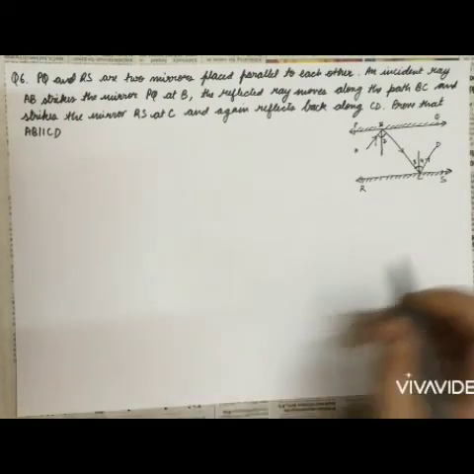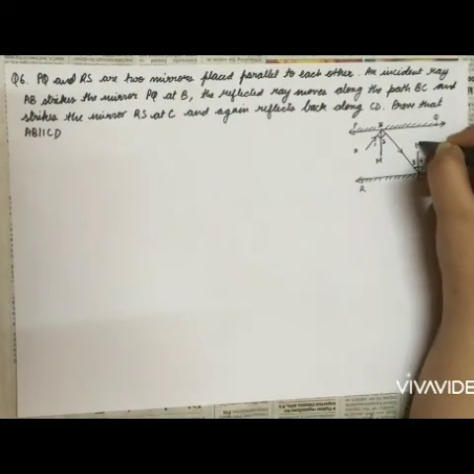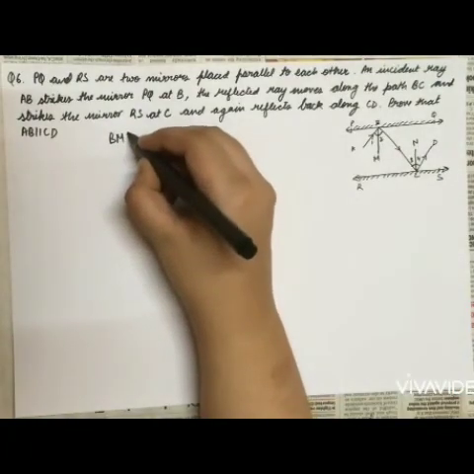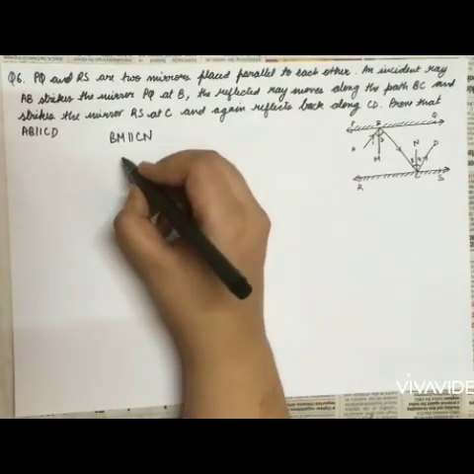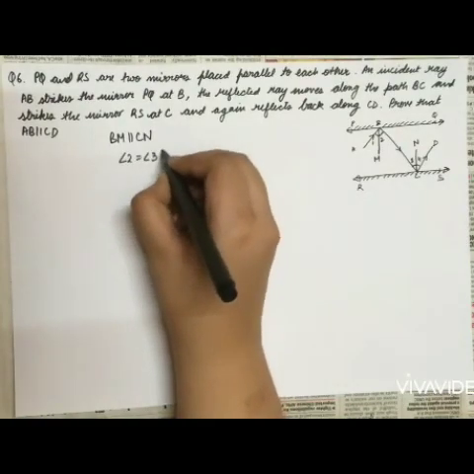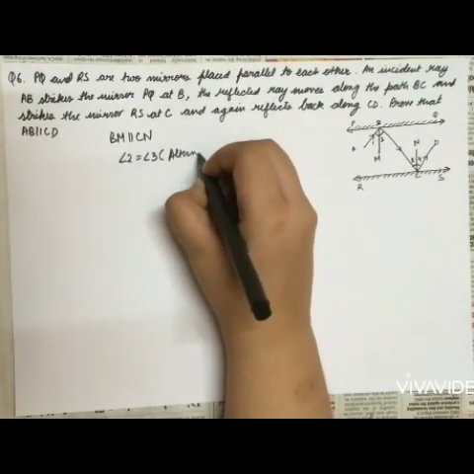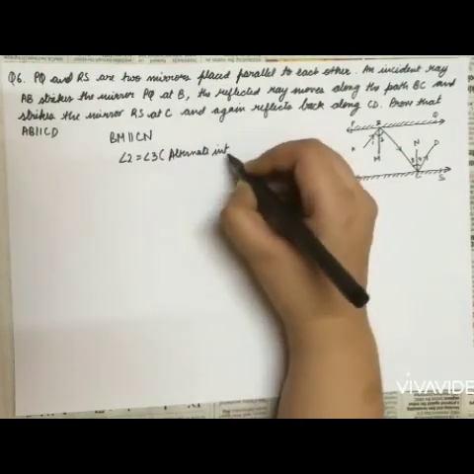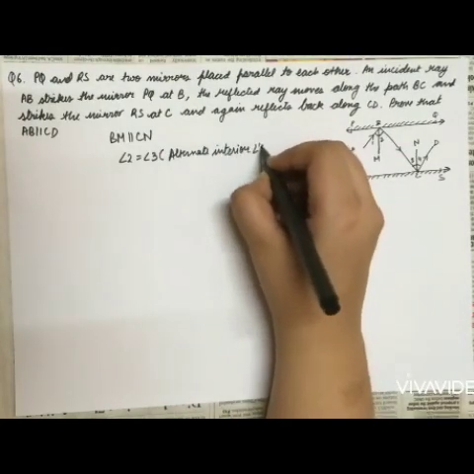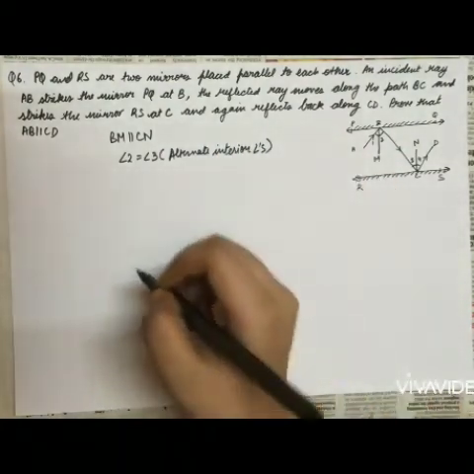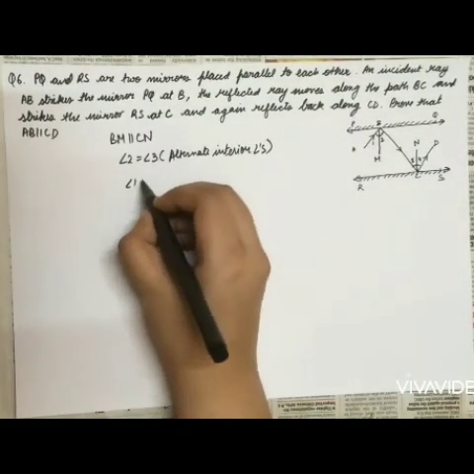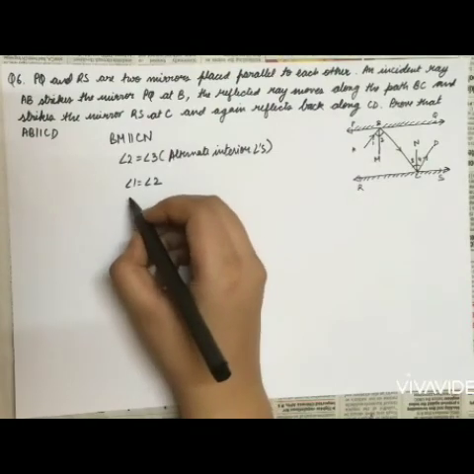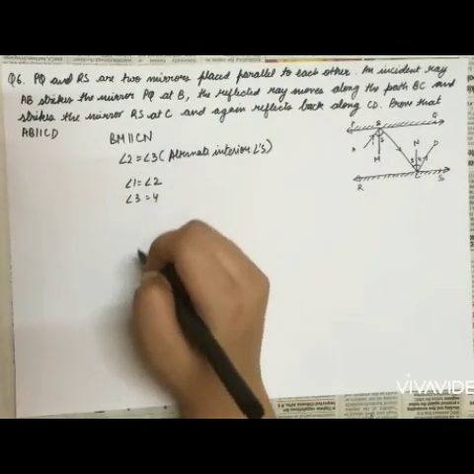Now we can say that BM and CN are parallel. So therefore angle 2 is equal to angle 3 because of alternate interior angles. Now angle 1 is equal to angle 2 and angle 3 is equal to angle 4.